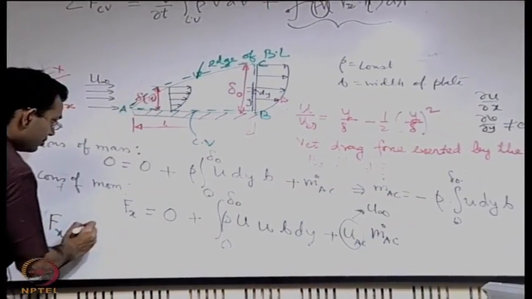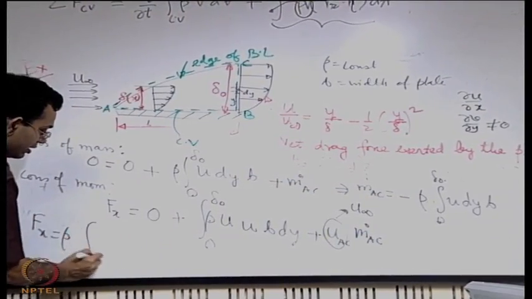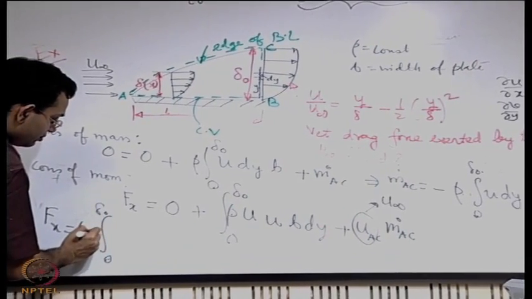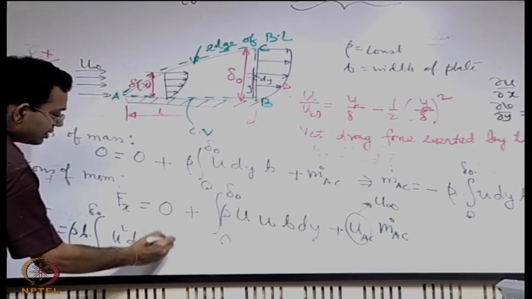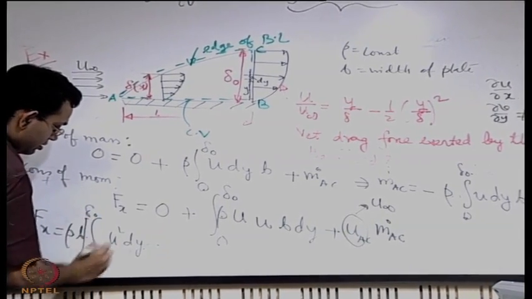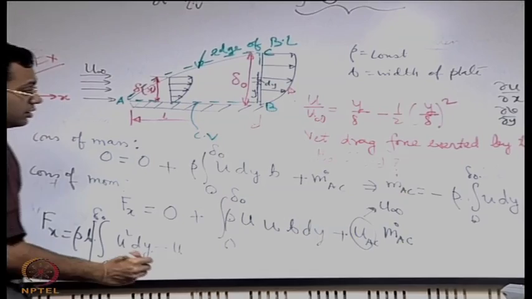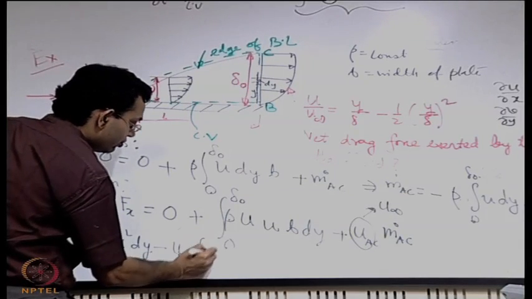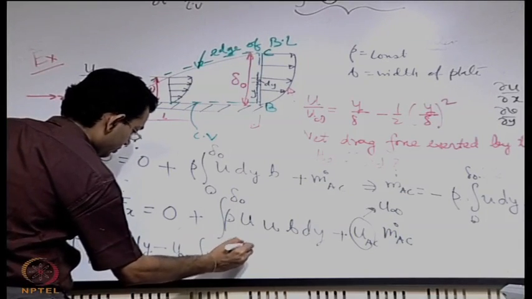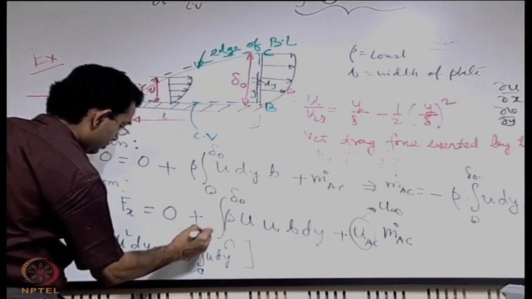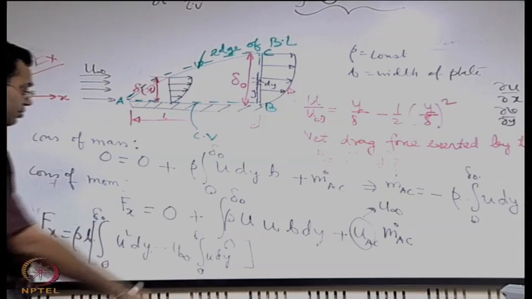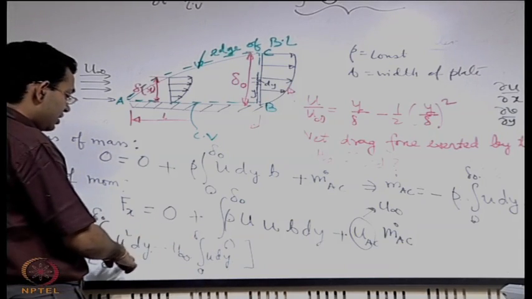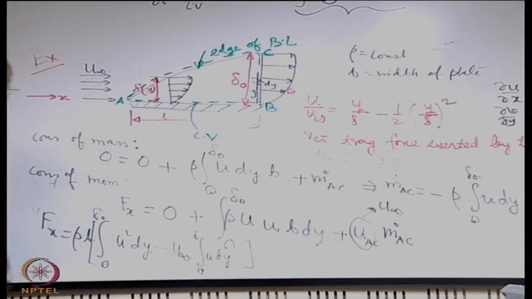Rho is a constant, you can take it out, so 0 to delta naught, again b is a constant, so u square dy minus u infinity into u dy. You may write it in a more compact form, in a single integral, u square minus u infinity u, dy from 0 to delta naught.